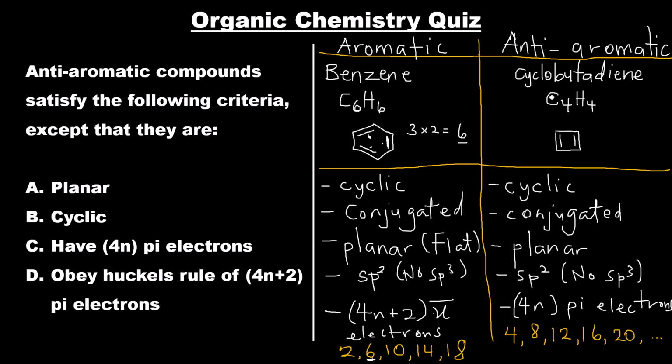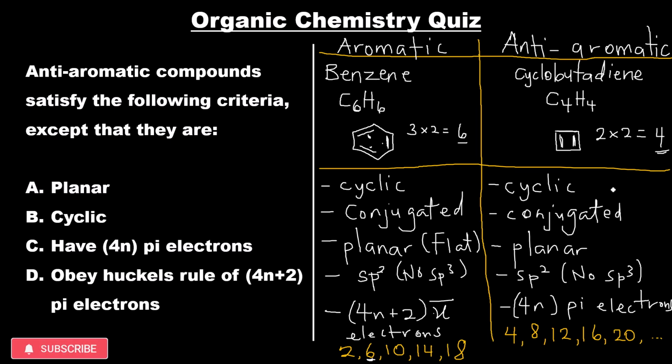Now let's look at cyclobutadiene. There's a double bond here, there's another double bond here. One of them is actually a pi bond. So we have 1 pi bond, another pi bond. So we have 2 pi bonds, and each of the bonds has 2 pi electrons. So how many electrons do we have? We have 4.